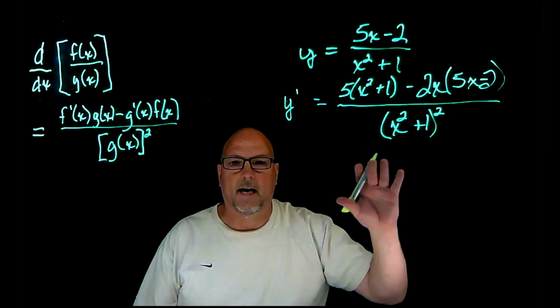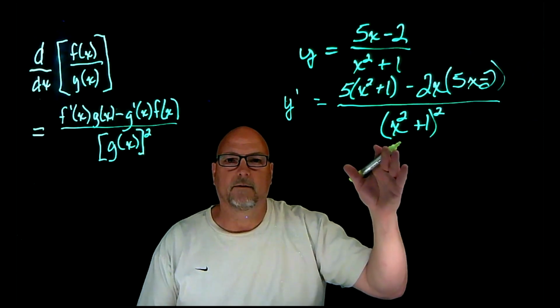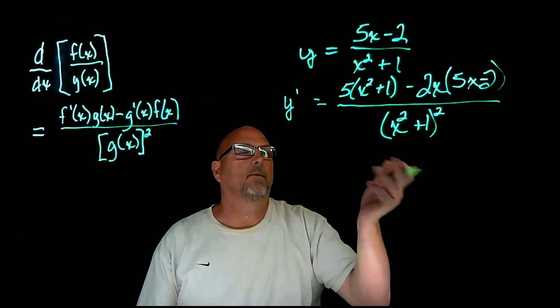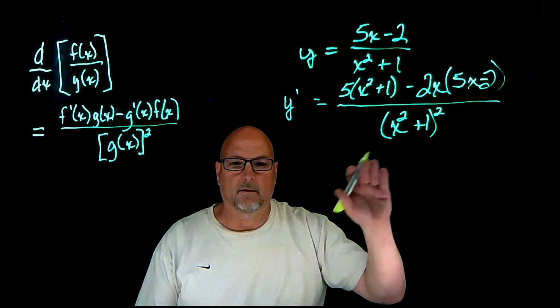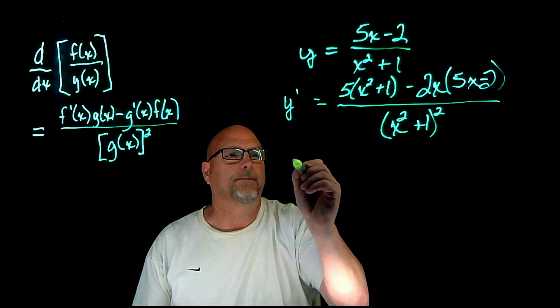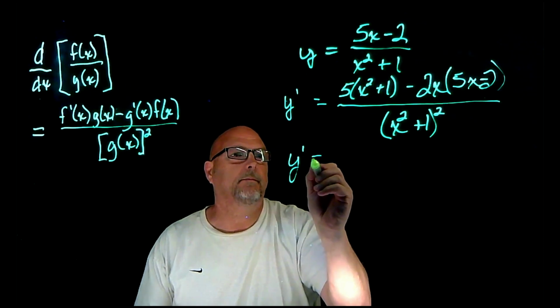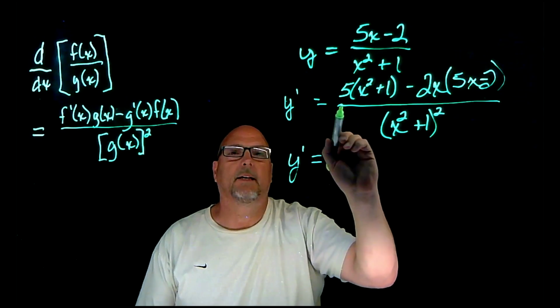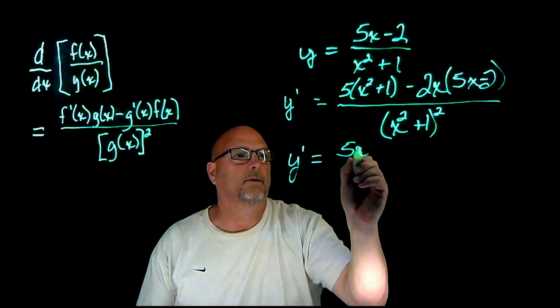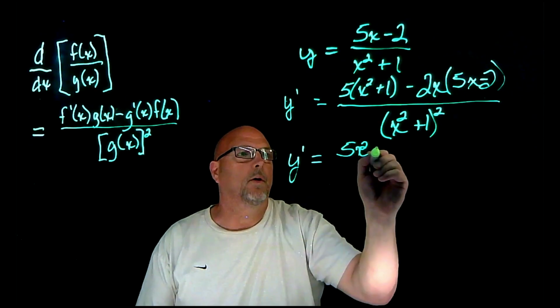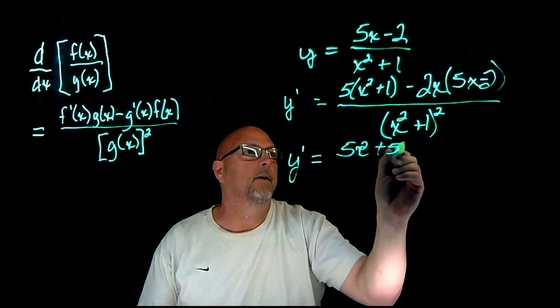Right now you've technically taken the derivative, but usually we'll clean up the top a little bit just to make things easier later on in the course. So y prime, let me start by distributing this 5. 5 times x squared is 5x squared. 5 times 1 is 5.